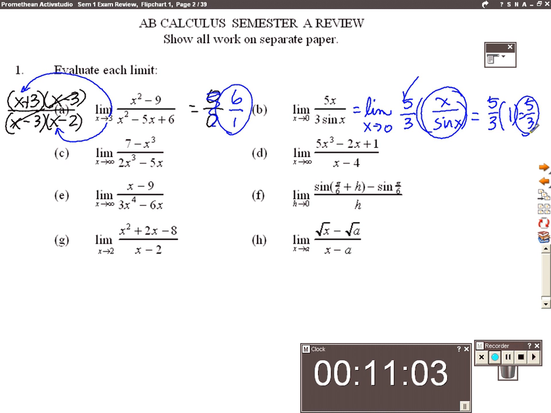Letter C, notice that we're approaching positive infinity, which means that the key to this problem when you're approaching positive or negative infinity is end behavior. So all we're really trying to figure out, it's like a pre-cal idea, is what the function is doing at the ends. To do that, we're going to look at the highest power term in the numerator and the highest power term in the denominator. What you notice there is the degree in the numerator and the degree in the denominator are the same.